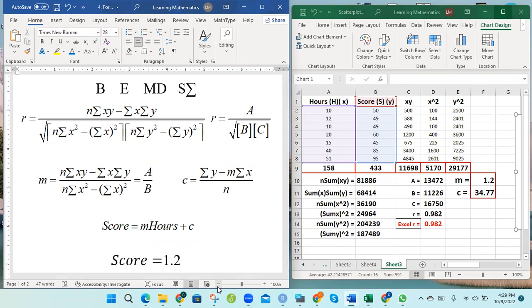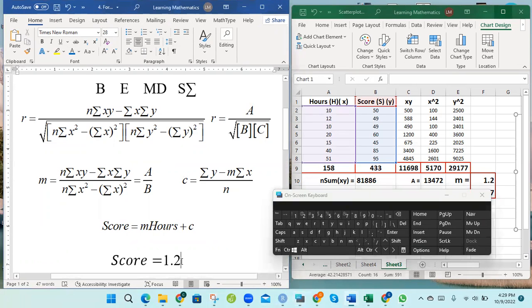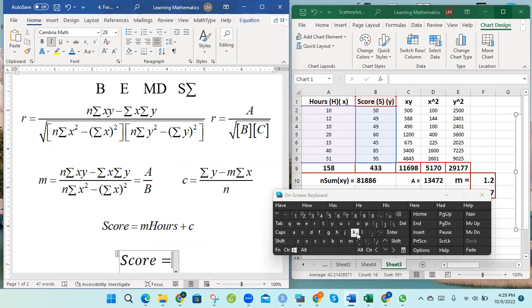As we see, the 1.2 means that every time hours increases by 1, your score increases by 1.2. And it starts at 34.77. If you don't study at all, you are most likely to receive 34.77%.